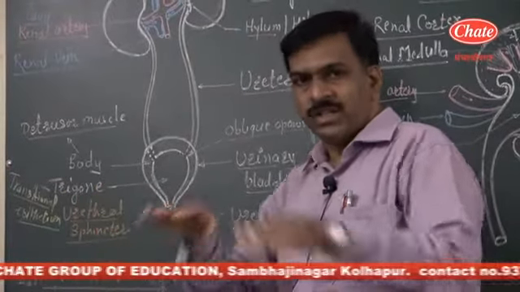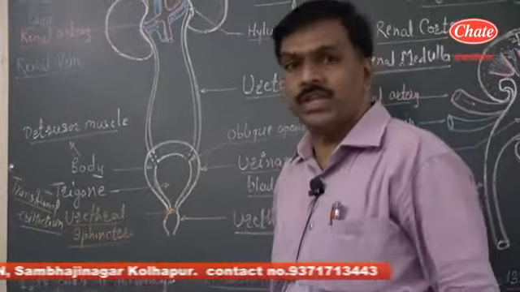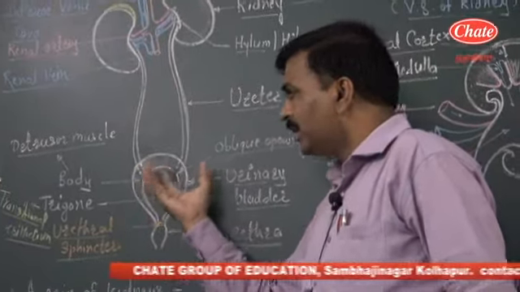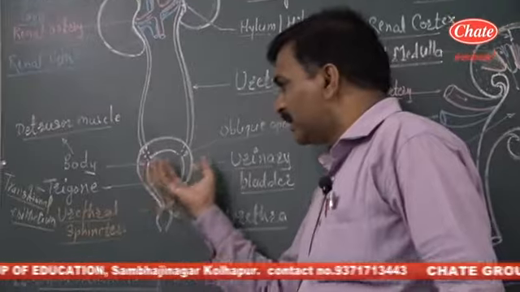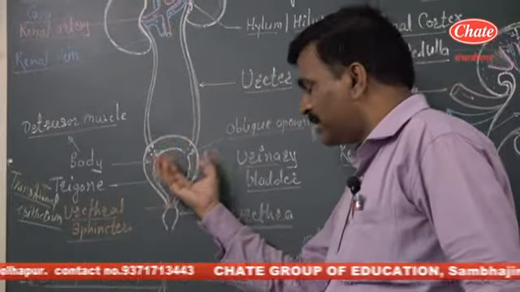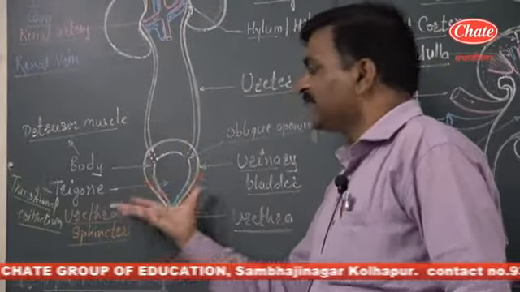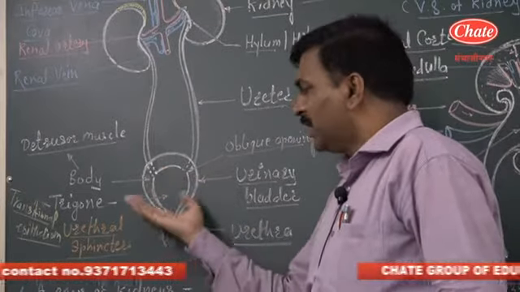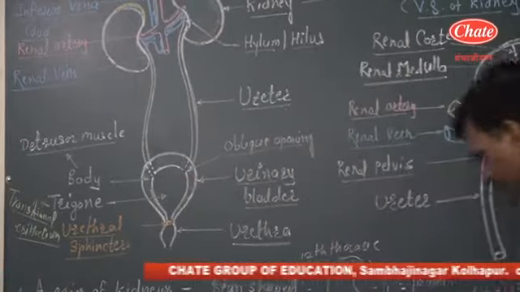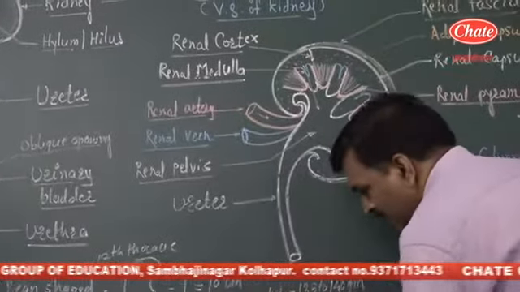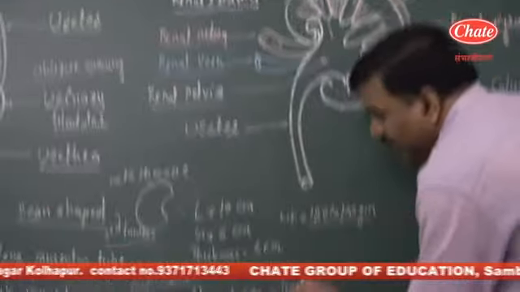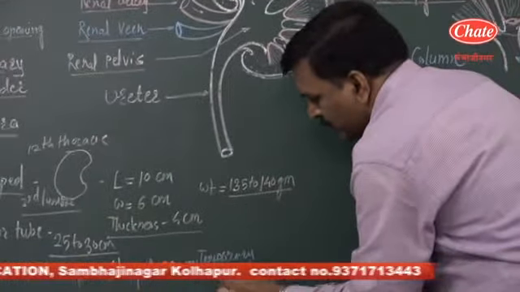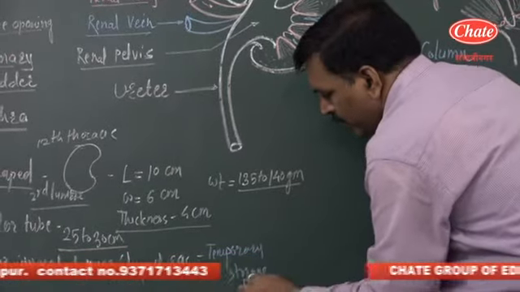Its significance is the ability to stretch, and due to this stretching ability the diameter of the urinary bladder increases and it receives the maximum amount of urine, because it is the temporary storehouse of the urine.